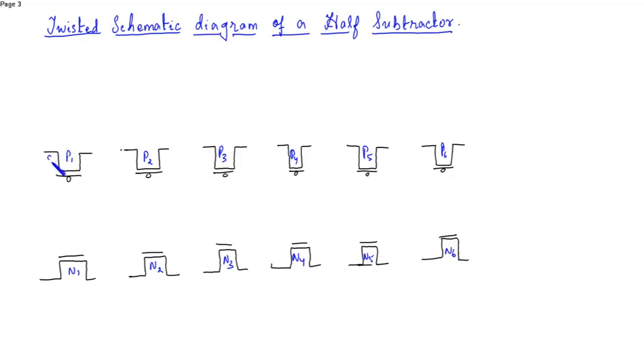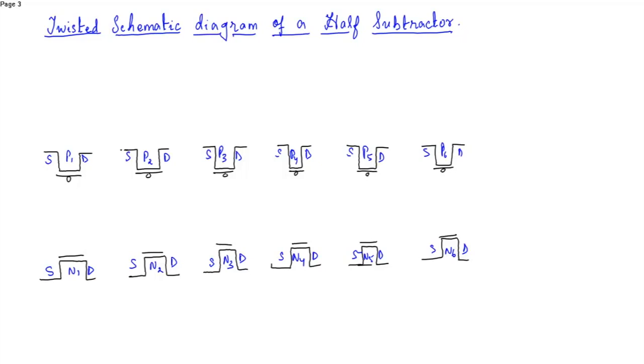These are the sources, drain, source drain. This is drain, source drain. Similarly, source and drain.